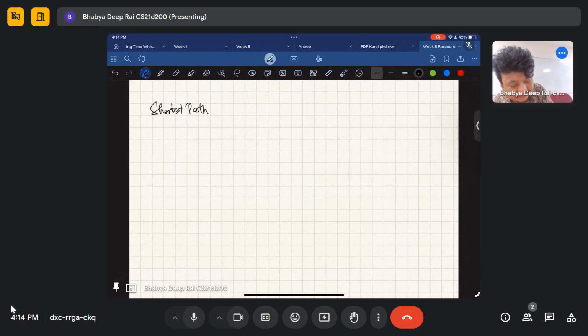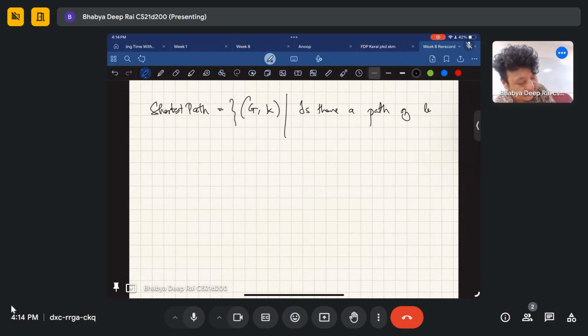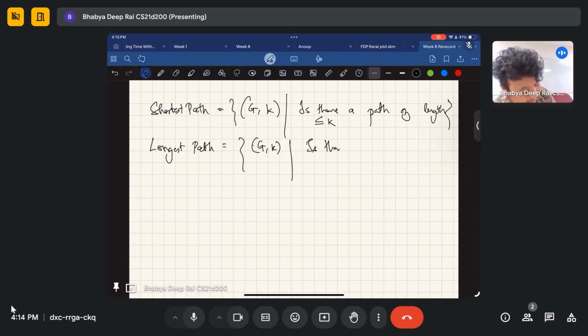Shortest path is: given graph G and k, is there a path of length at most k, and longest path is: given G and k, is there a path of length at least k.